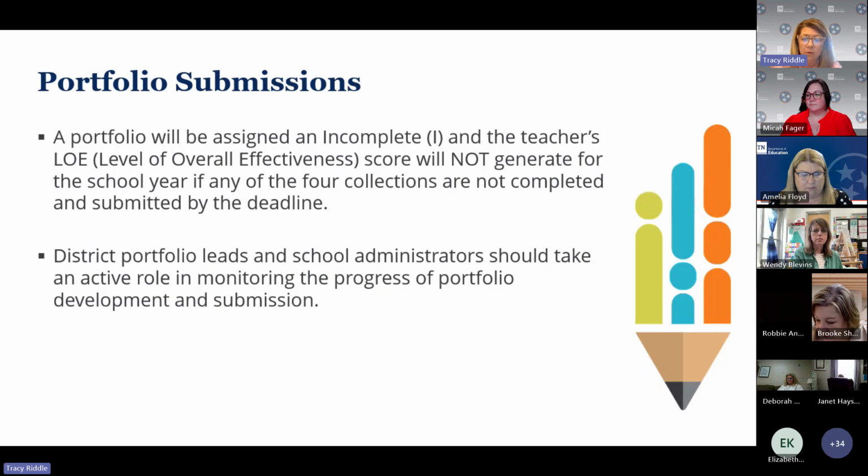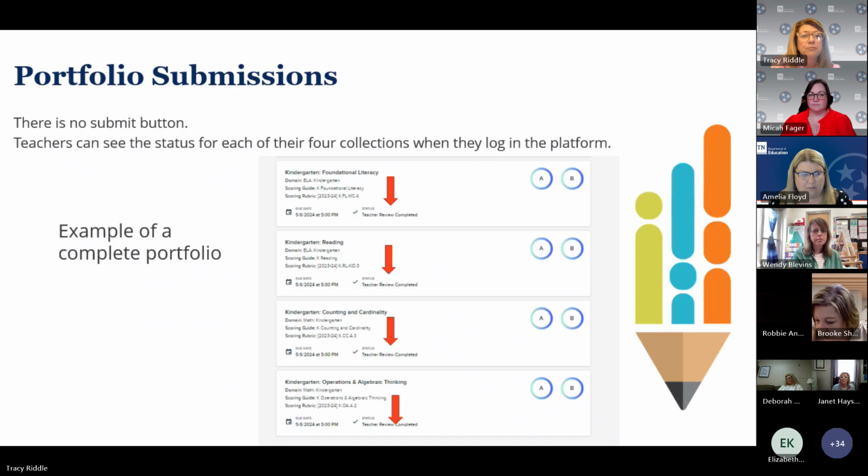So if any of the 4 collections are not complete, or if it's not submitted by the deadline, the score will be incomplete. As portfolio leads and school administrators, please take an active role in monitoring how your teachers are progressing in their portfolio completion and submissions. And in today's session, I will show you how you can monitor that.